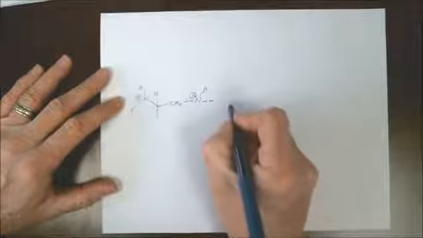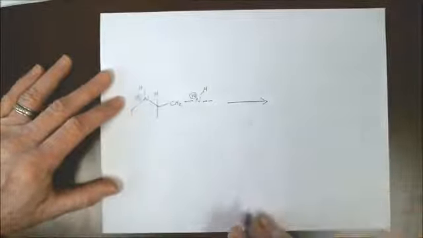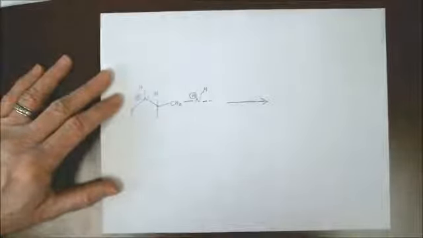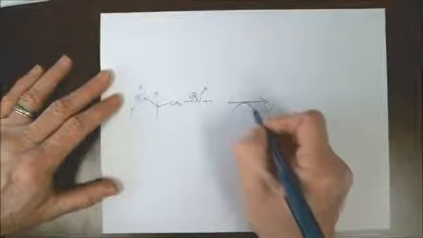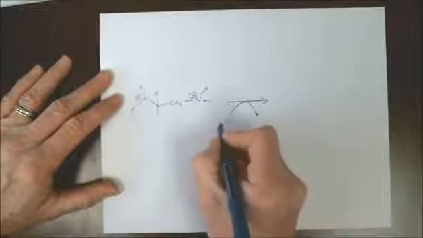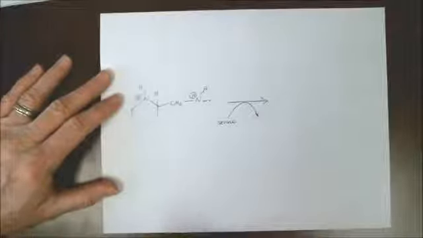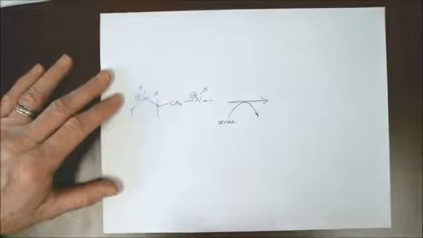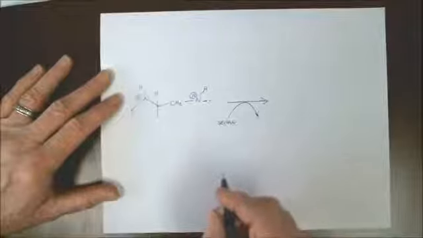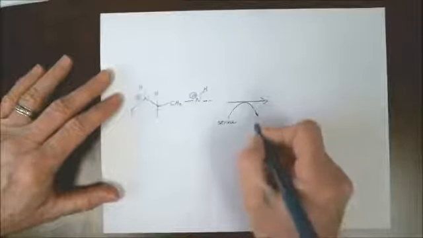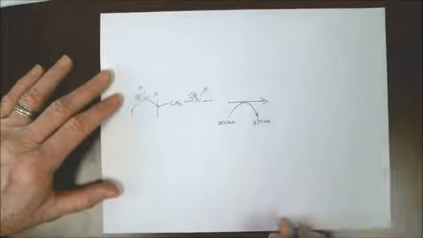So the next step we need to do is we need to donate a carbon onto this structure in order to form the substrate that's going to mediate the 1-carbon reactions. So the donor of the carbons is going to be the amino acid serine. Serine, remember, has the CH2OH on its side group, and that carbon is going to be the donor, and the resulting product is the amino acid glycine.